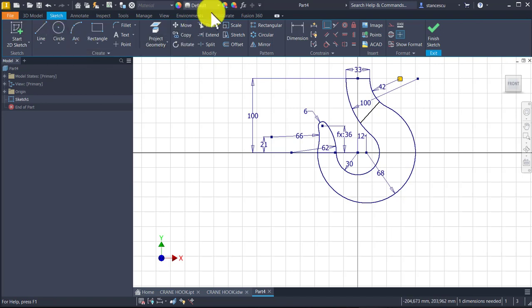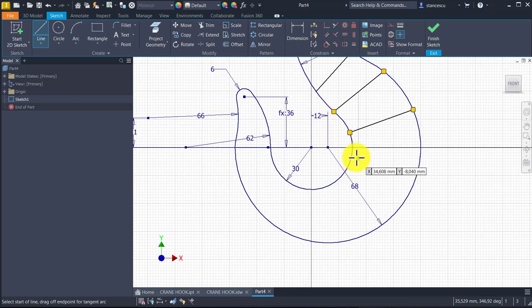Then I draw another one. Line from a side to the other. Another from a side to the other. I am very careful to catch points, but not the separation between arcs.